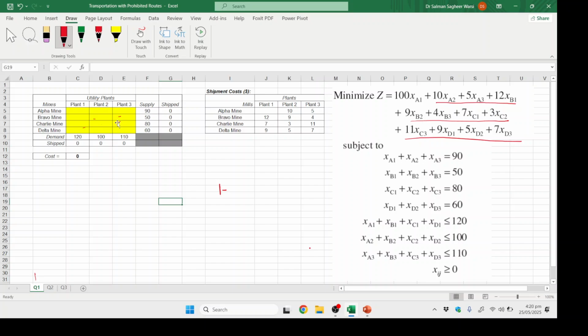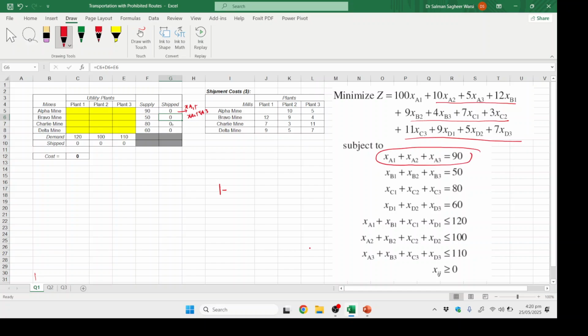Now, just a reminder that our constraints have already been incorporated in these cells. This cell is the sum of all these, the sum of this row. This cell is telling us that xa1 plus xa2 plus xa3, and we know from the constraint that this is equal to 90.